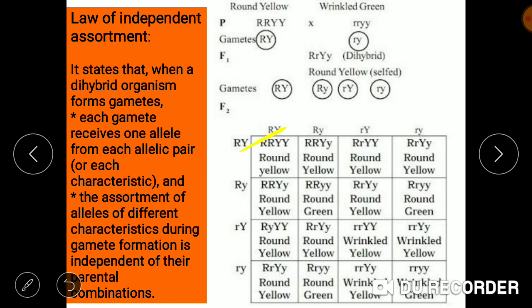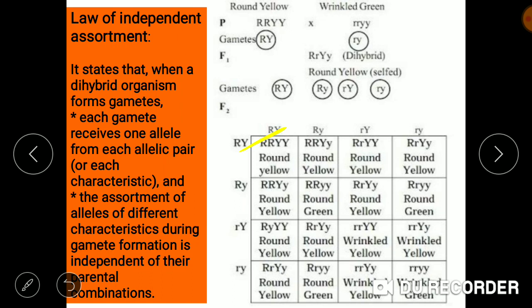You will always keep the appearance, that is capital R, together, and the color, capital Y, together. We will not write it as capital R, capital Y, capital R, capital Y. We will always keep the appearance together and the color together, meaning one character together and the other character together.